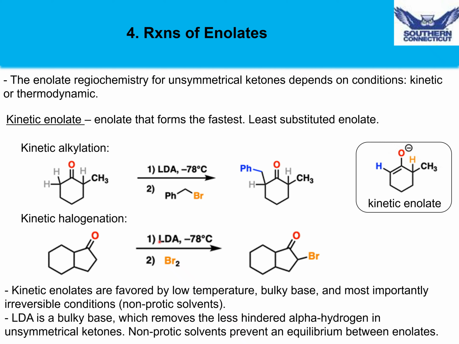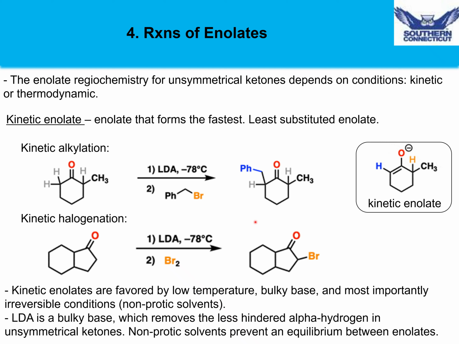So this is simply a base promoted alpha halogenation, similar to what we saw with sodium hydroxide. That typically, when we're using LDA at low temperatures, will lead to the kinetic enolate. So for this ketone, that would be forming an enolate on this carbon rather than this one. And so the halogenation would occur on that carbon. And so for that reason, we get this kinetic product here.